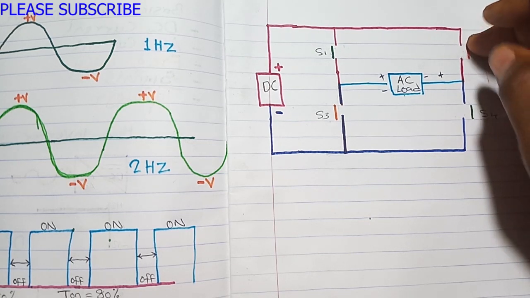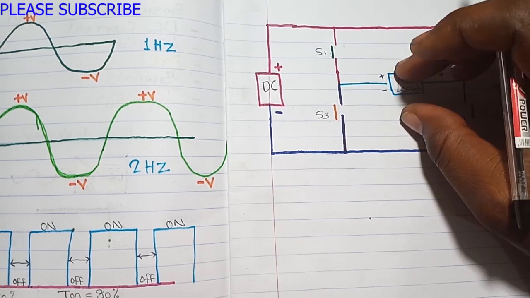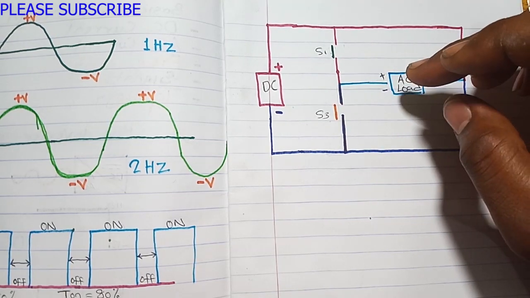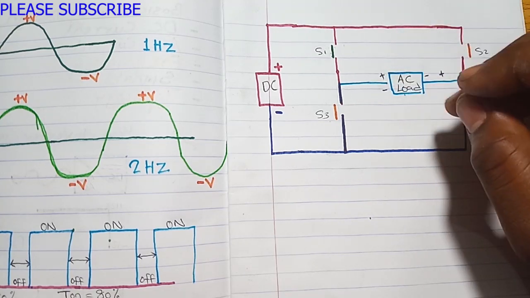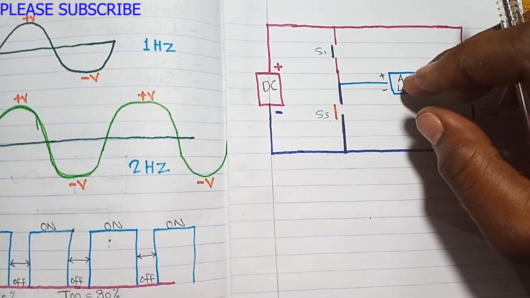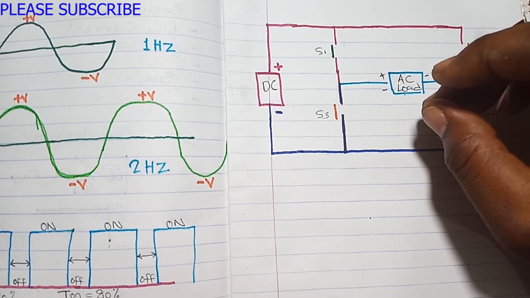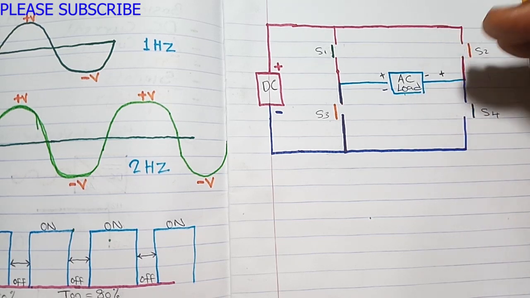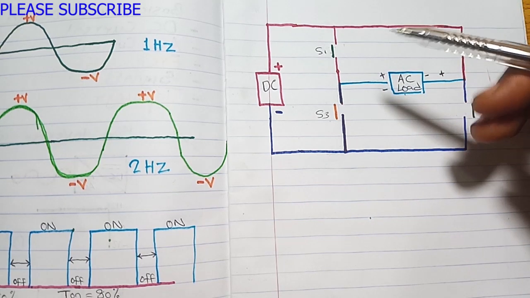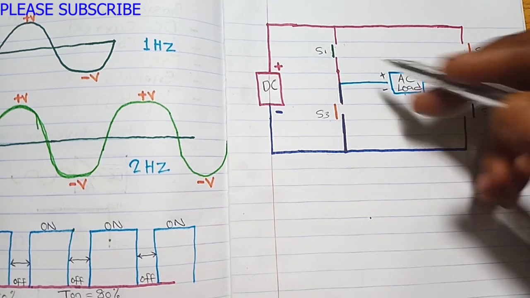Because if you slow it down, you will see that this load will be flickering. If it is a lamp, you will see it go on and off. But if you do it really fast, you will not notice the changes. You will just see it steady on, because it is very fast. That's why we need a MOSFET that is fast in switching and a signal that will control it.